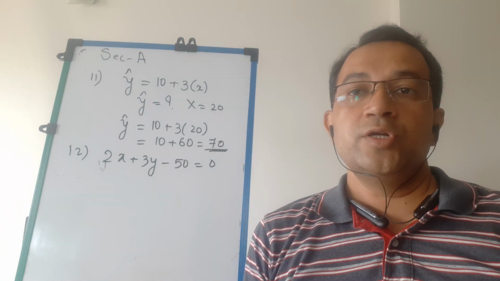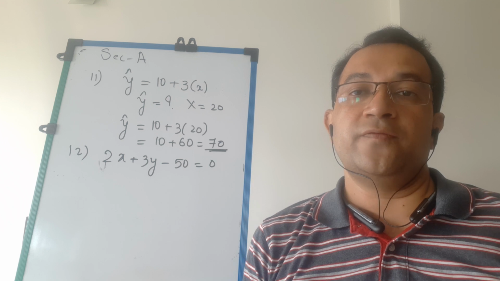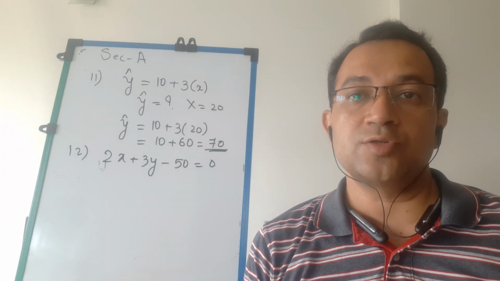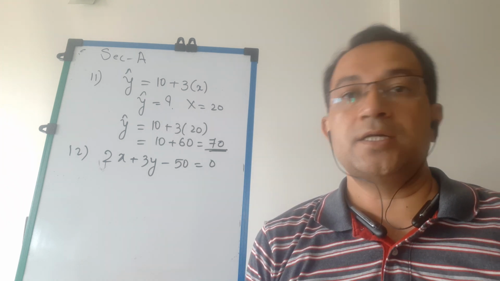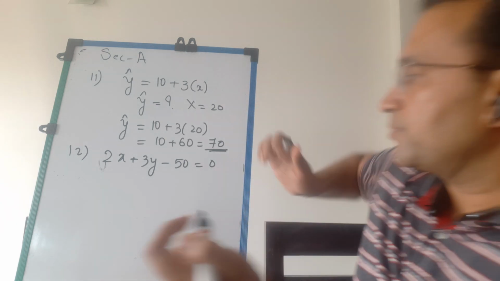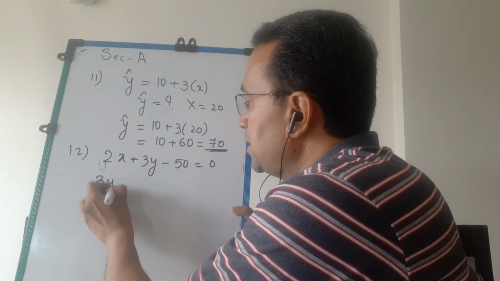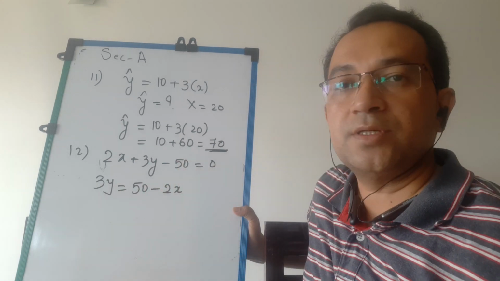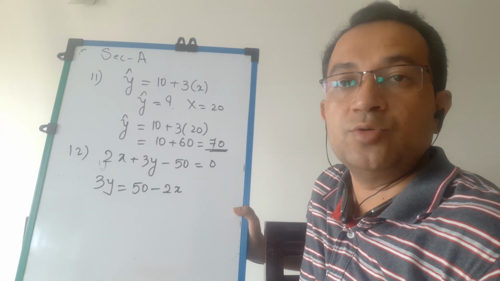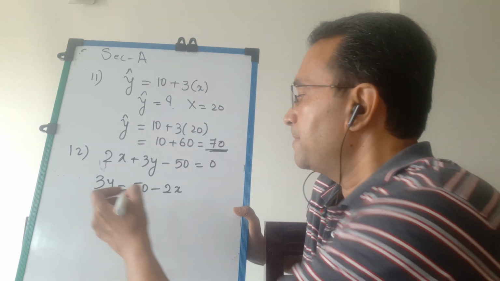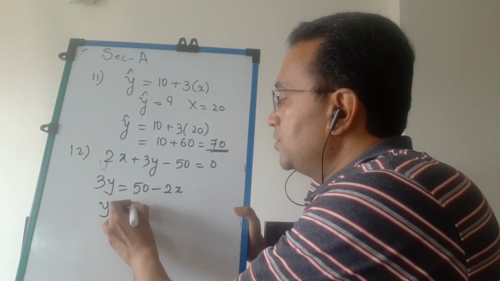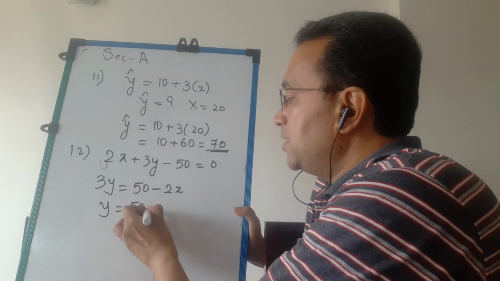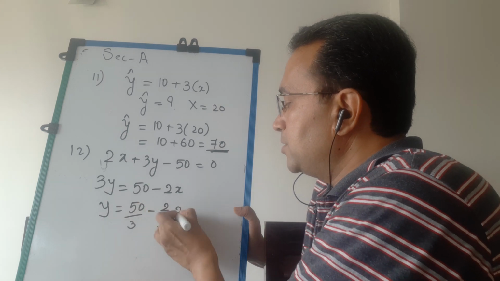Now students, I told you in the regression y will come on the left and x will come on the right. So keep y on the left, transfer remaining terms on the right. So 3y is equal to 50 minus 2x. Divide by 3 to make the coefficient of y 1. So y is equal to 50 by 3 minus 2 by 3 into x.